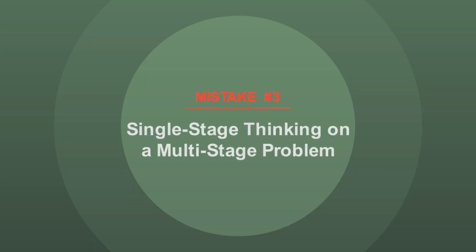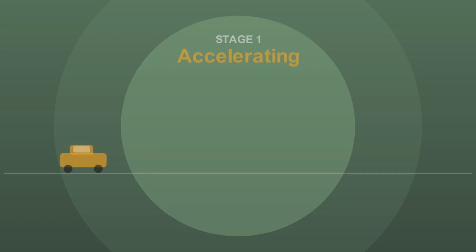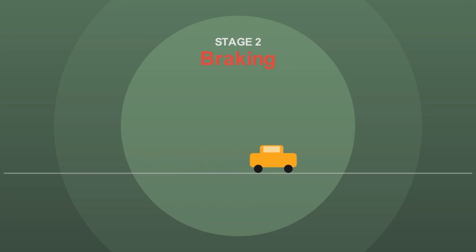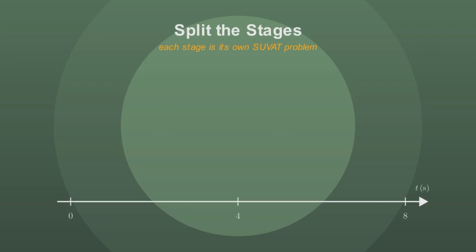And the third mistake, which in my opinion is probably the most critical, is trying to apply SUVAT to a multi-stage problem the same way as you would to a single stage problem. Okay, so for instance, a car accelerates, then it brakes. That's a 2 SUVAT stage question there. It's not one, because the final velocity of stage 1 becomes the initial velocity of stage 2.